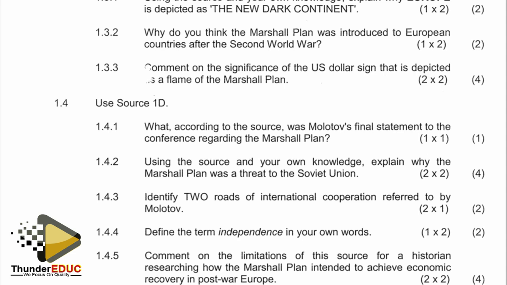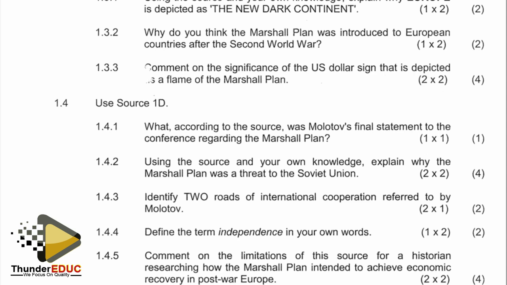We can say the American dollar was the new light, given that Europe was the new dark continent. The new light would only come with the US dollar. So the US dollar was the only hope for the damaged economies.